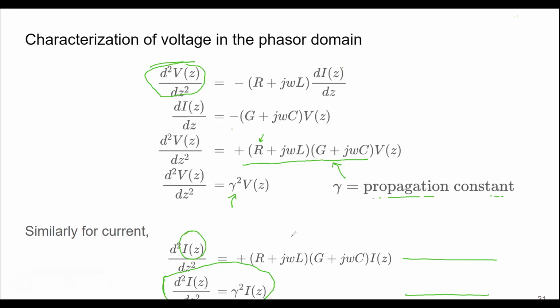We can get a similar relationship for the current: we can get the second derivative of the current and relate it to the current parameter, and the constant here will be gamma squared, the same constant that we get for the voltage.